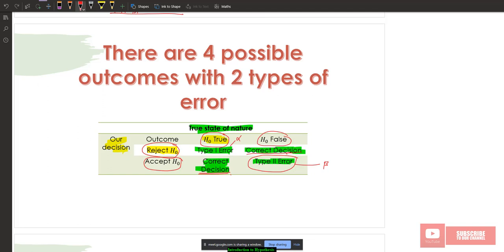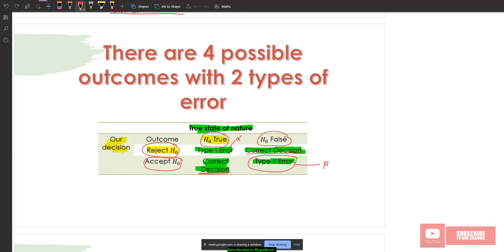Remember, in the previous chapter, we also reserved 5% or some percent for making a wrong decision. We are not 100% sure. When we are estimating the population mean or population variance, we are not making a 100% conclusion.